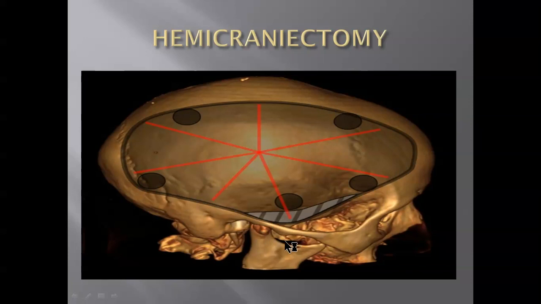Skin incision for hemicraniectomy would be somewhere here, because here's your ear, here is your tragus, external auditory meatus. We will remain 1 centimeter away, to avoid your superficial temporal artery over here. Then our skin incision will go up over here, then we will take it back posteriorly like this, avoiding the auricle, and going to the front.